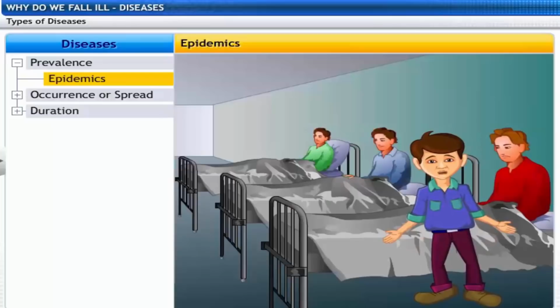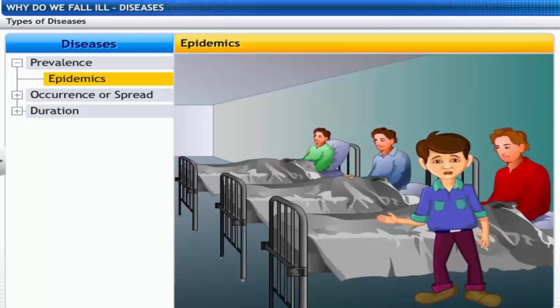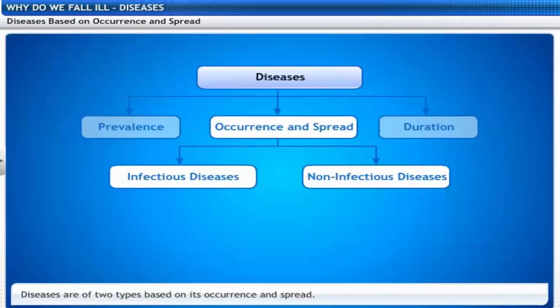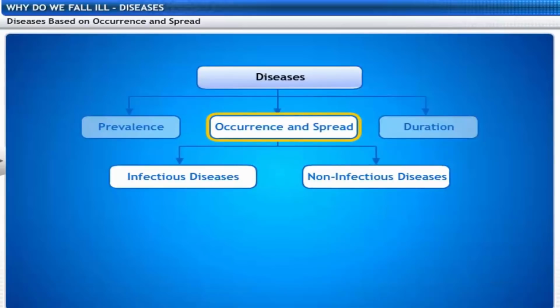I know about epidemics. A plague is an example of an epidemic. Diseases are divided into two types based on their occurrence and spread: infectious diseases and non-infectious diseases.